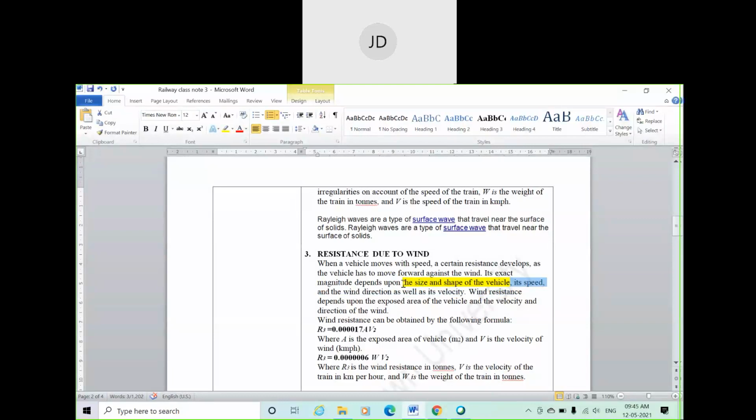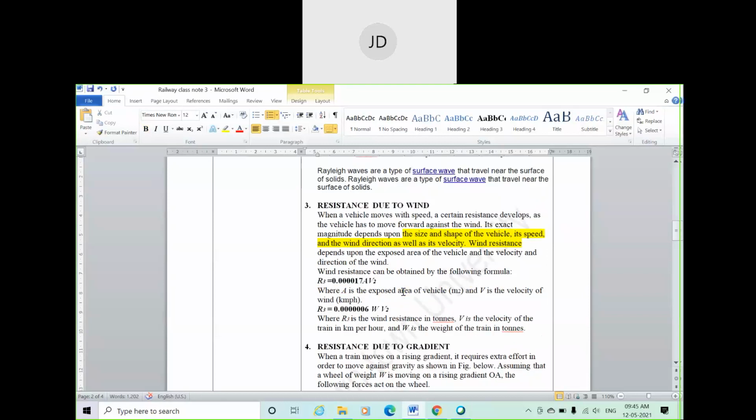These are the factors on which the wind resistance depends. So this is all about resistance due to wind.